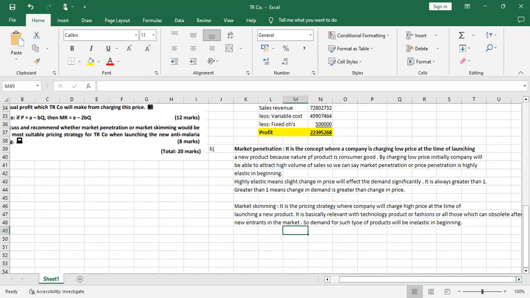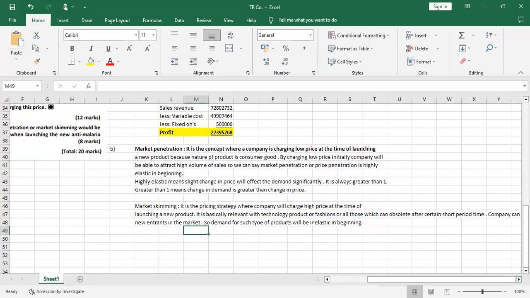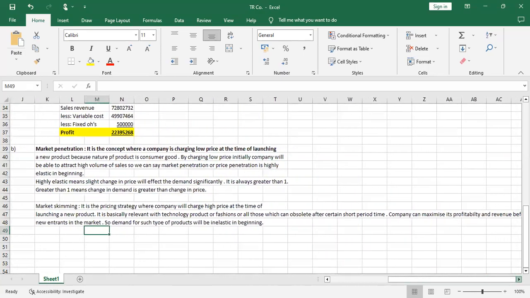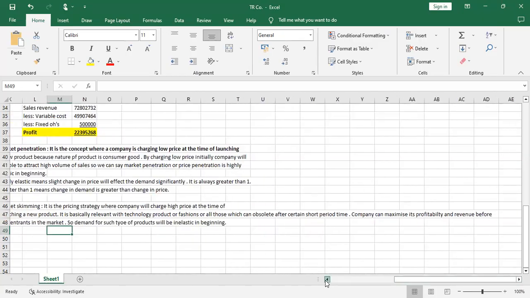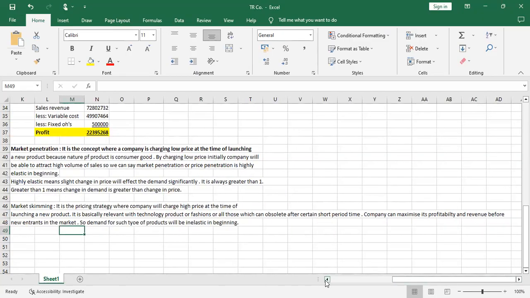So market skimming means what? Market skimming means you are basically charging what? You are charging the highest possible price at the time of launching of product. You are trying to maximize your revenue and your profitability. So that is why you charge high prices.